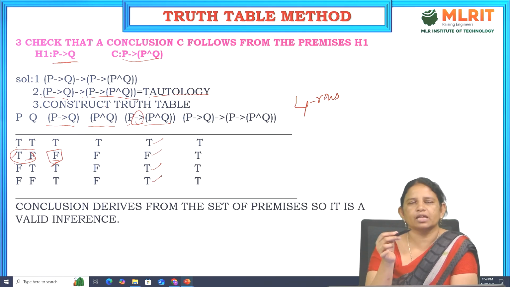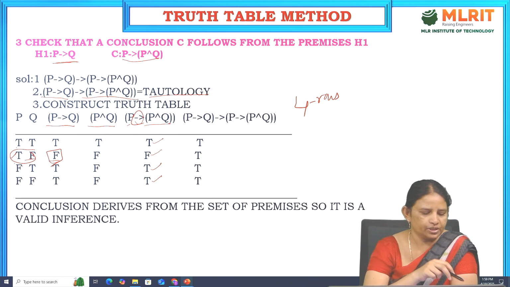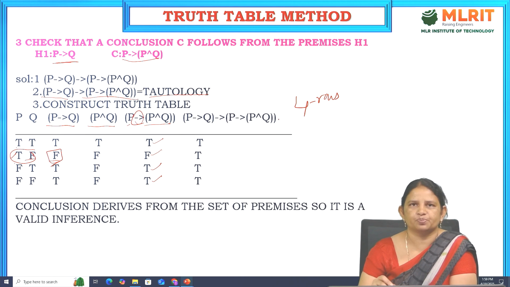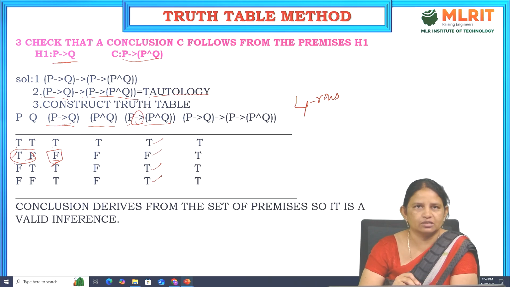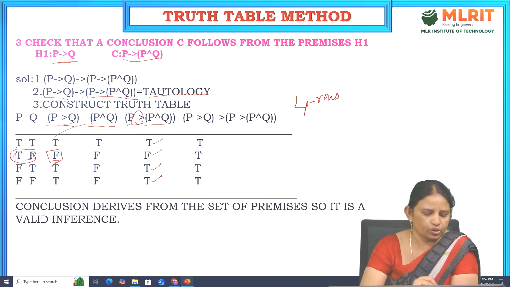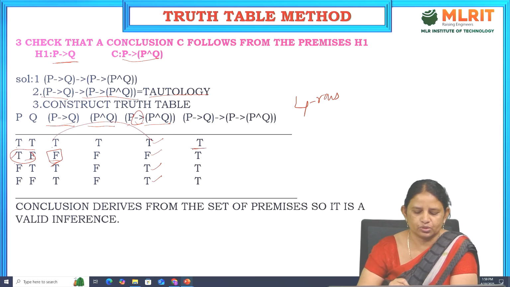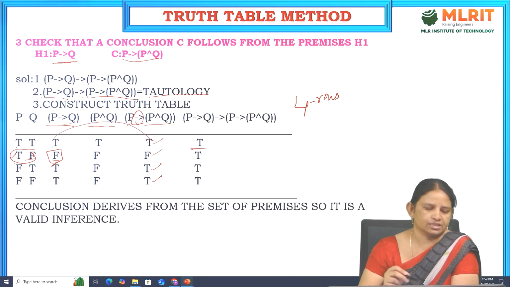Now apply the entire statement that derives the conclusion. That means P implies Q implies P implies P and Q. What is P implies Q? That is true. What is P implies P and Q? True. If both are true, it returns true. Next, the first one is false and the second statement is also false.